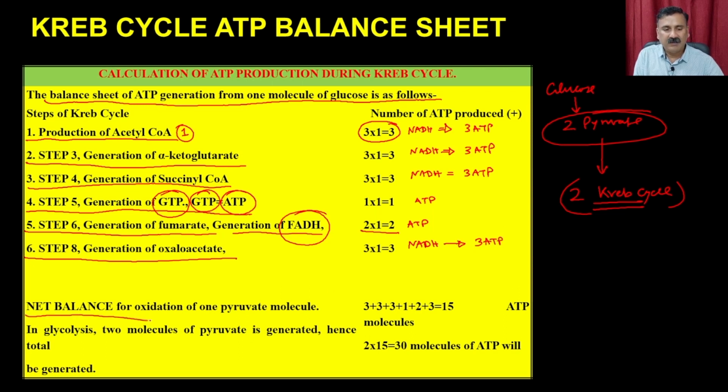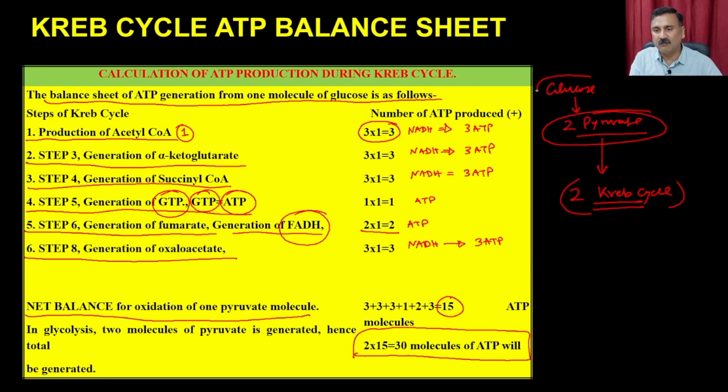Now the net balance from one pyruvate molecule is 3 plus 3 plus 3 plus 1 plus 2 plus 3, and that is 15 ATP molecules. Since the glycolysis gives 2 pyruvate molecules, you multiply this number, and that's how the net gain of ATP from one molecule of glucose is 30 molecules of ATP from the Krebs cycle.